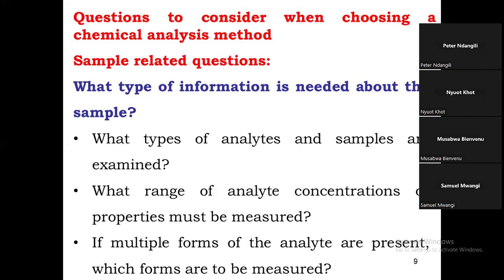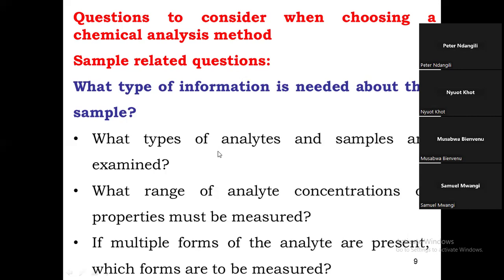Now, a question to consider when you are choosing a chemical analysis method. There are several aspects to look at. For example, the sample-related questions. The question here would be, what type of information is needed about that particular sample? Specifically, you would ask yourself, what types of analytes and samples are examined?